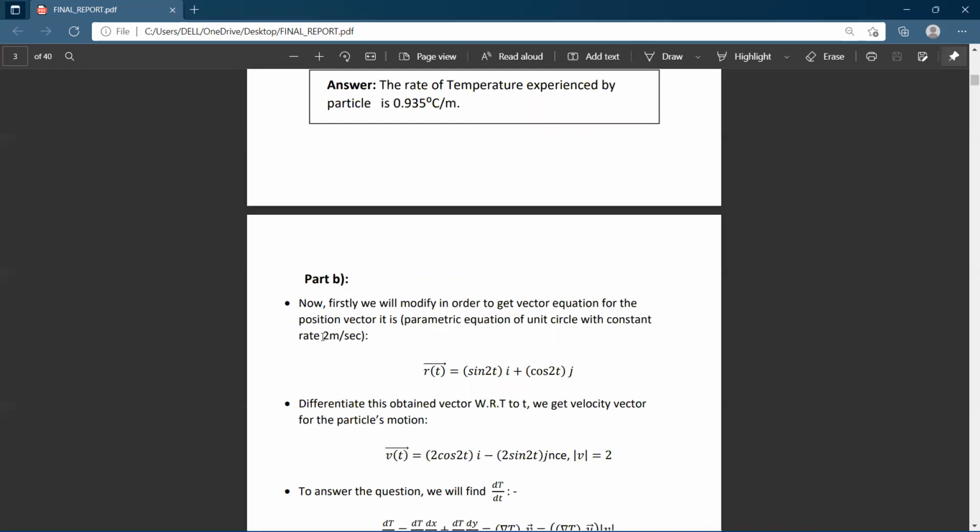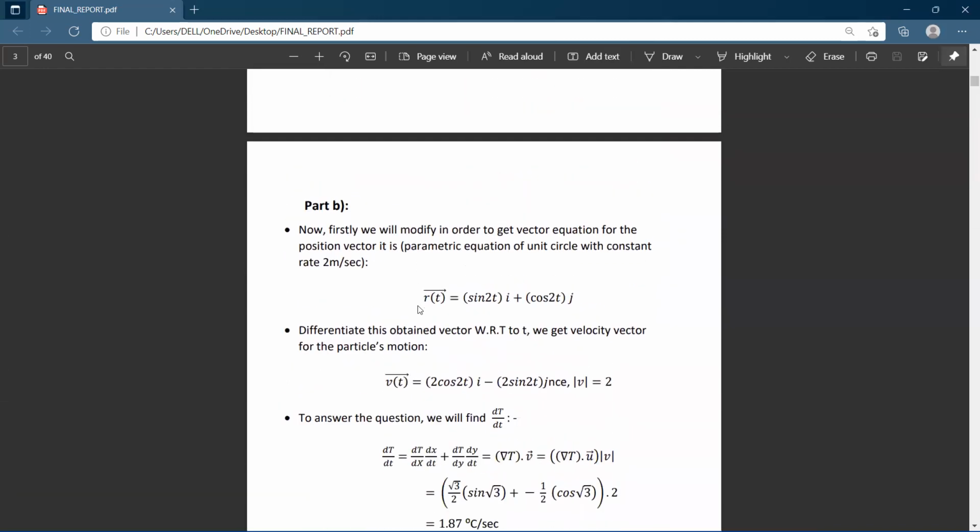So at 2 meters per second, it takes 1 second for 2 meters, so for 1 meter it will take 1 by 2 seconds. So the path equation for that particle is the vector r(t) equals sin 2t i cap plus cos 2t j cap.